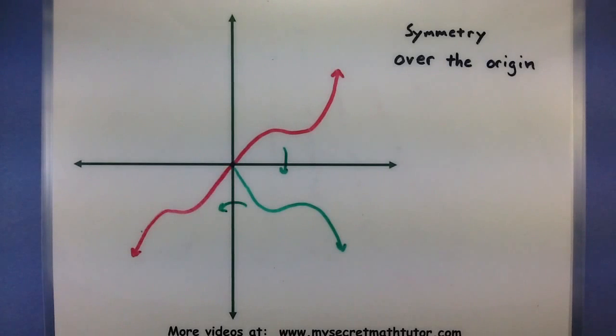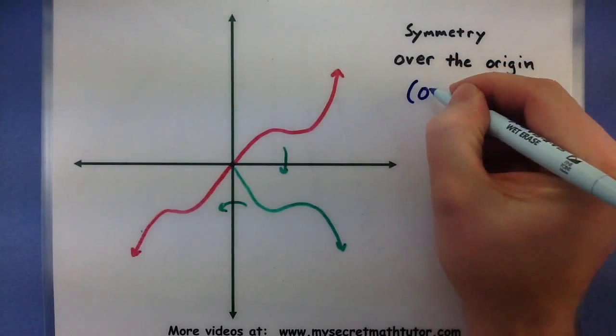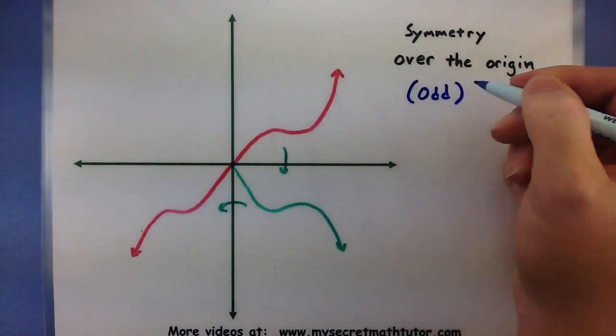If you can do both of those flips and then it matches up on itself, that's how you know you have symmetry over the origin. Another way that you can do it is maybe imagine taking your graph and rotating it 180 degrees. If it matches up, then again it has symmetry over the origin. Now this particular type of symmetry has a special name. We call these ones odd functions.